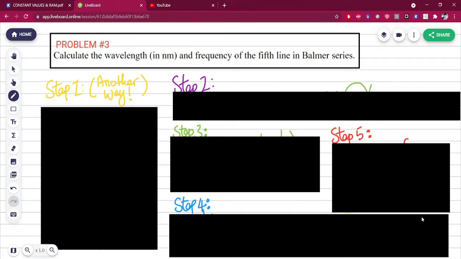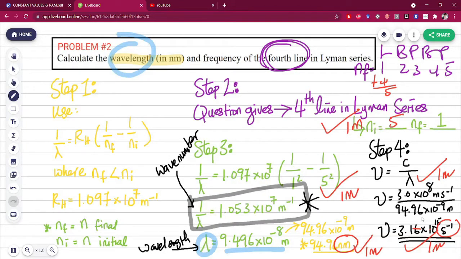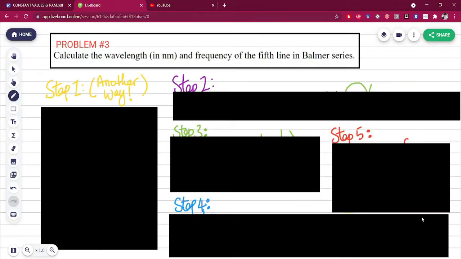Okay, problem number 3. Now, this is similar to what we have done in problem number 2. But instead of working on Lyman series, in problem number 3, you're going to work with Balmer series instead, and you need to find for the 5th line. Still, you're going to use wavelength, and you're still going to find frequency, but this time we're going to try another way of doing this.